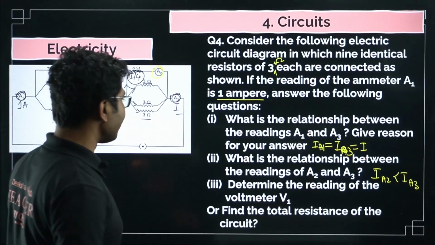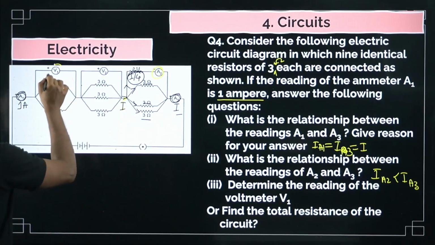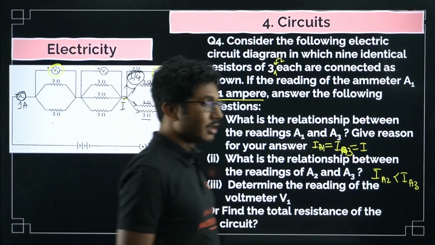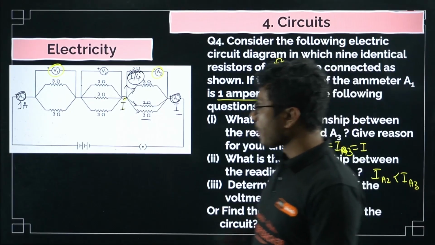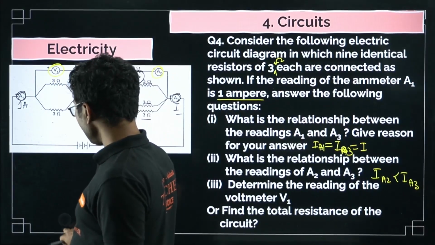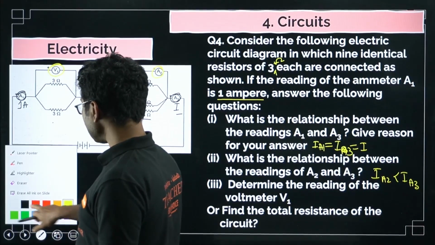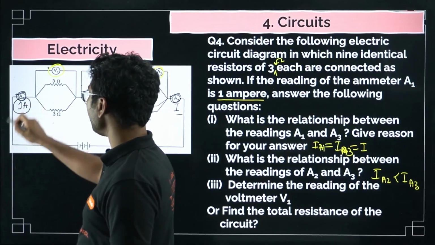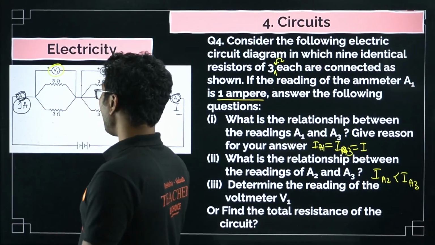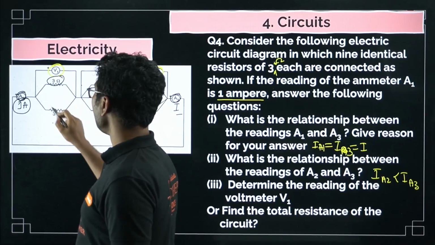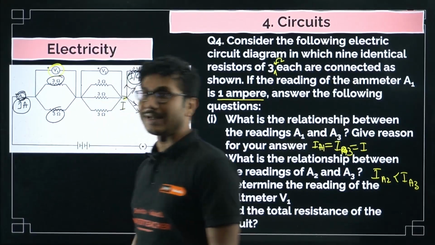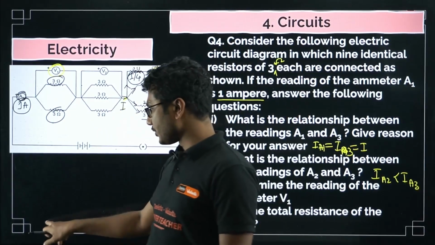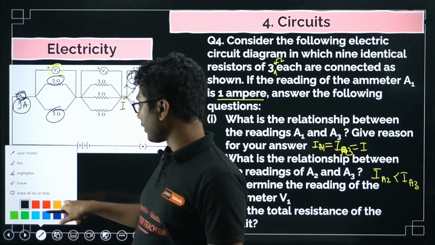Determine the reading of the voltmeter V1. How to do that? So for voltmeter V1, we know what is the current passing. Current passing through the circuit is 1 ampere, and this is 3 ohm, this is 3 ohm. 2 3-ohm resistors are connected in parallel combination.